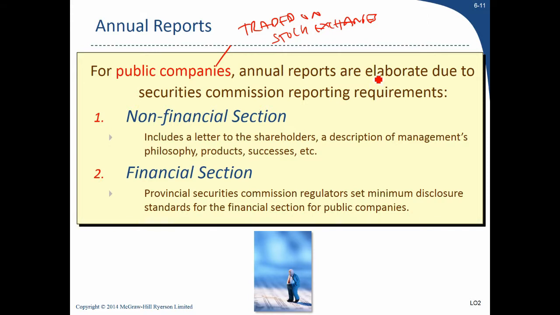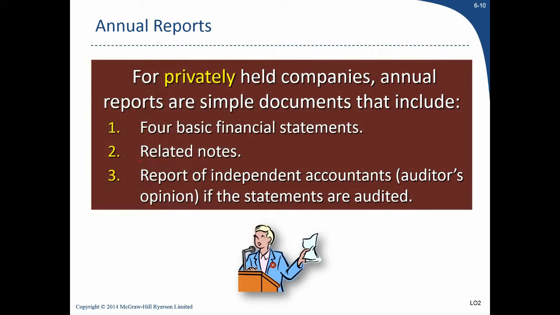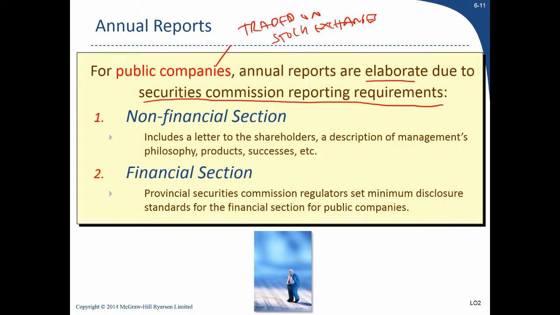Annual reports are elaborate due to Securities Commission reporting requirements. So, in addition to all of this information that you see here, the company needs to disclose a ton of information.